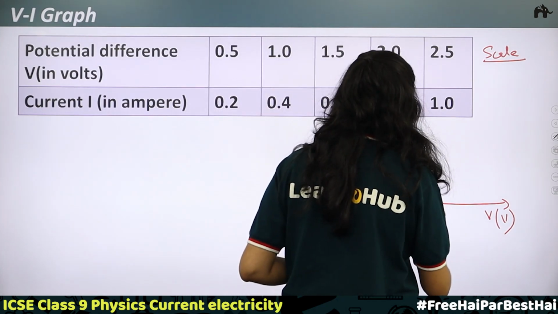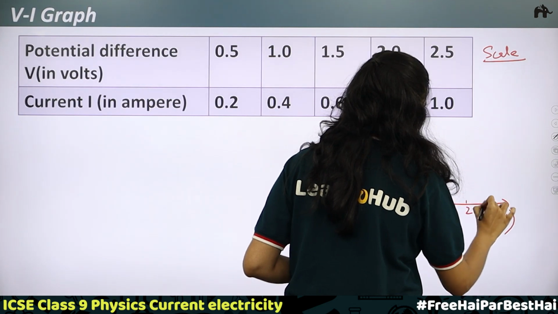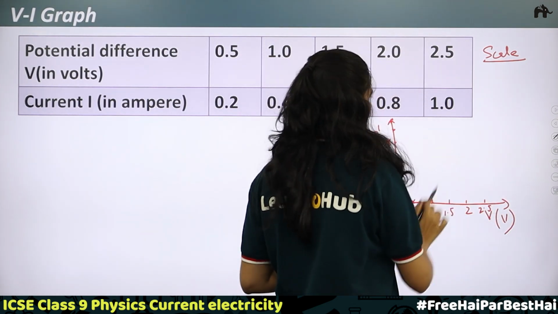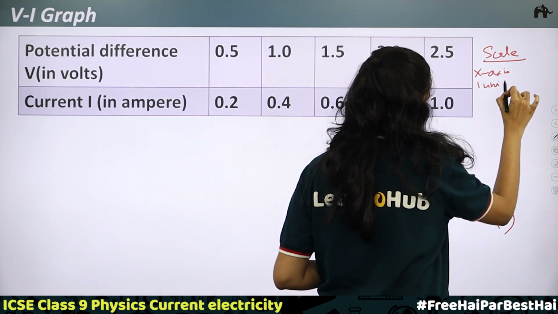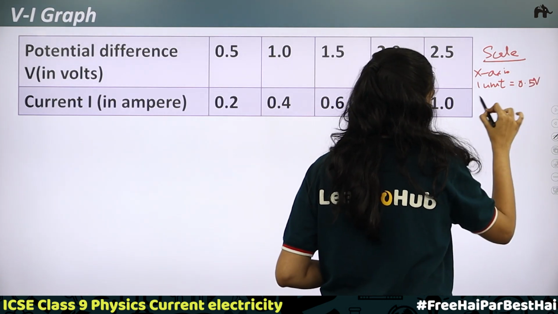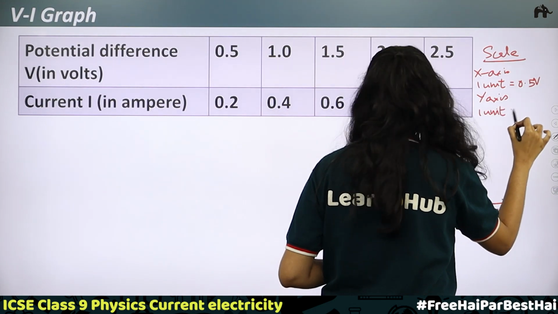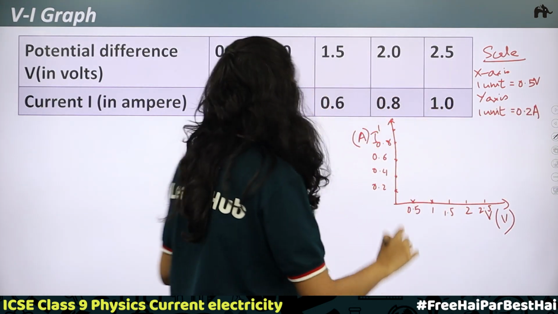So along the x-axis, 1 unit is taken as 0.5 volts, and along the y-axis, 1 unit is taken as 0.2 ampere.